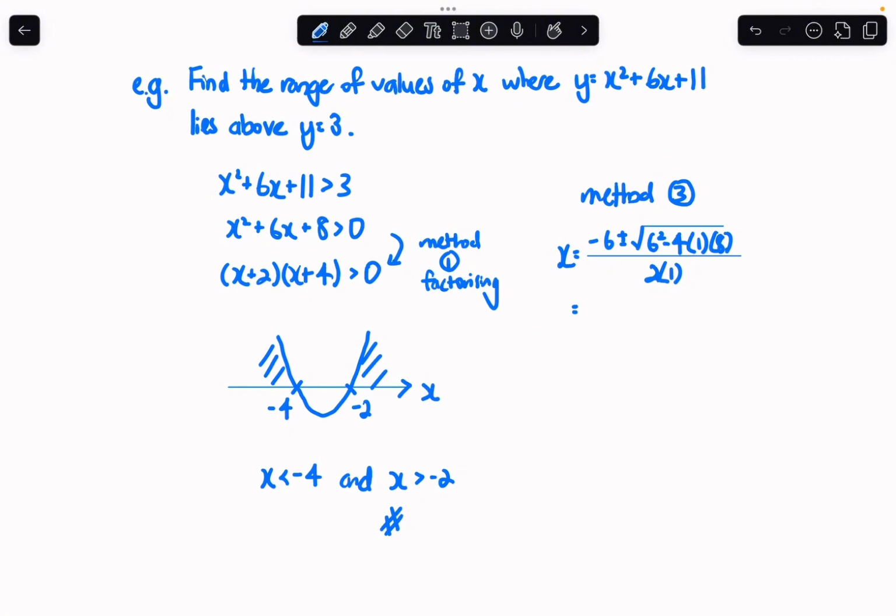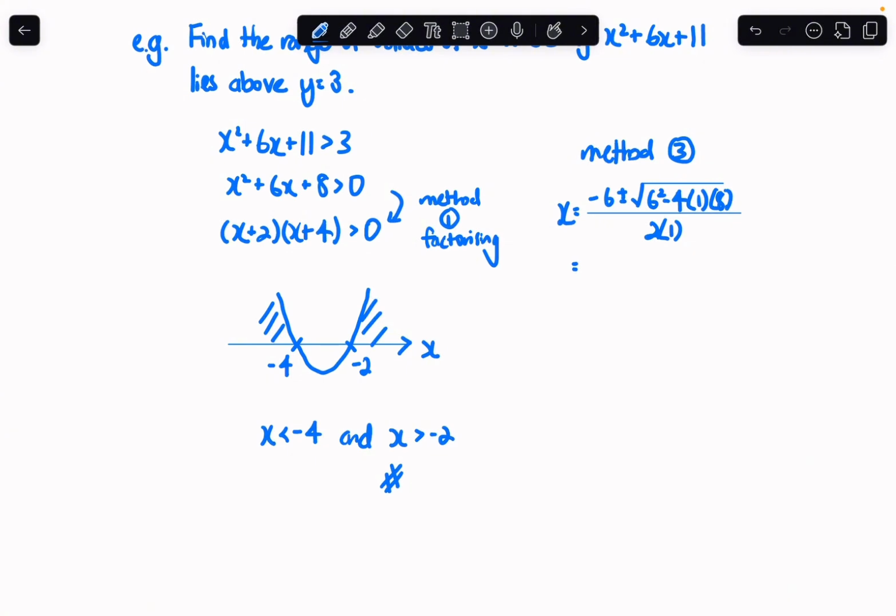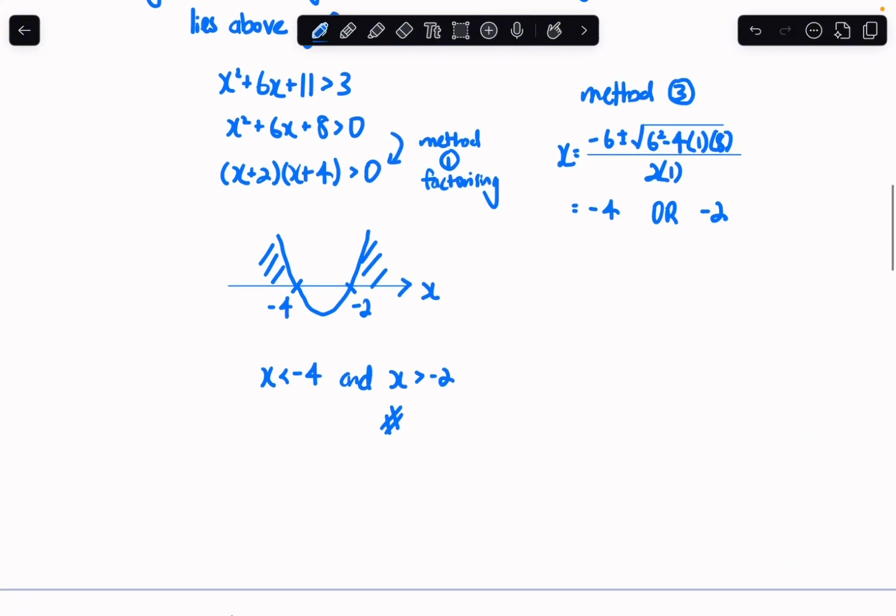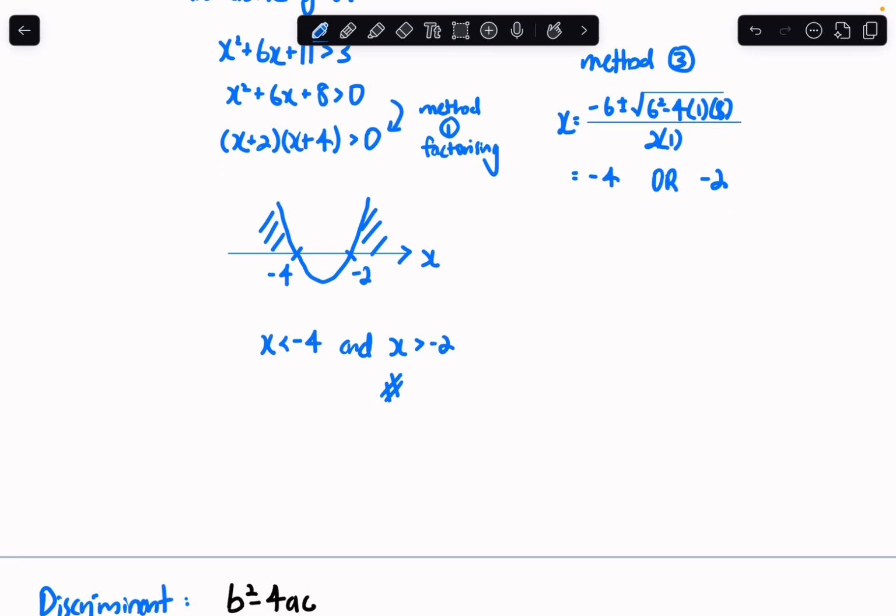Use the calculator. Then after that, you draw back the same graph here. Then you get the same answer.